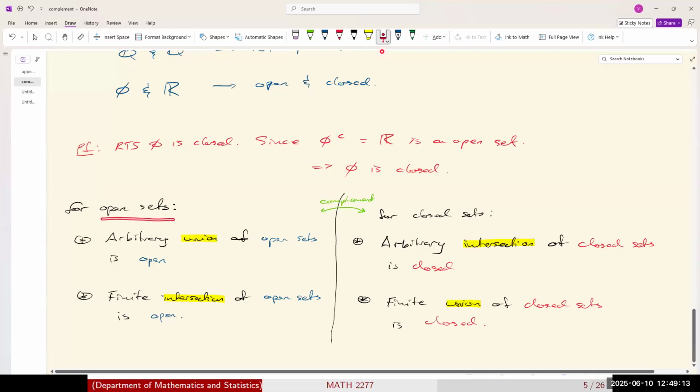Now on the side of open sets, once you do finite intersection of open sets, only then are you guaranteed an open set. On the side of closed sets, once you do finite union, only then are you guaranteed a closed set, right?